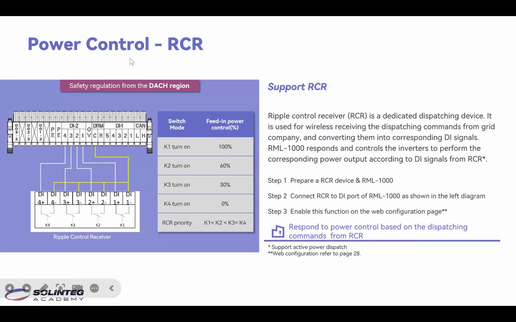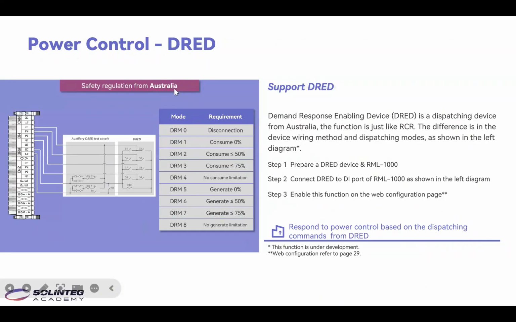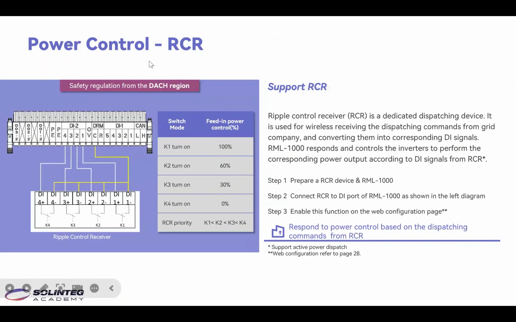Okay, and besides that, the data logger also integrates power dispatching devices like the RCR from the DACH region and the DRED from Australia. Maybe some members in some areas don't know what a power dispatching device is. The device is like a receiver.